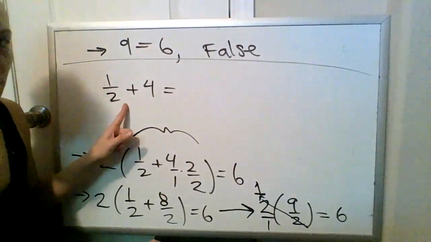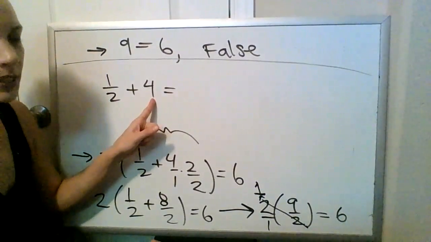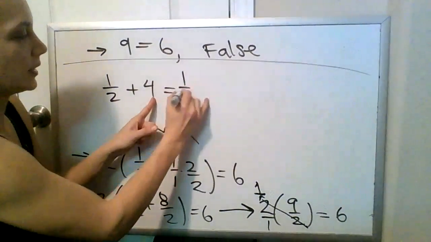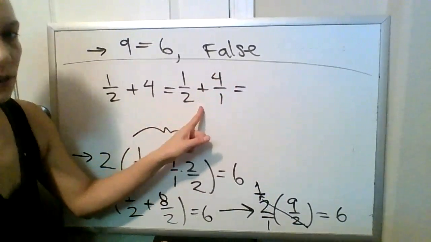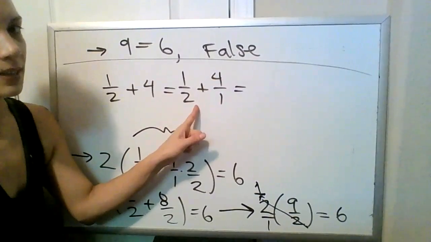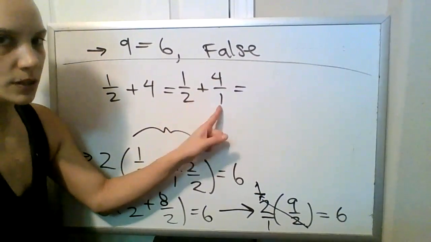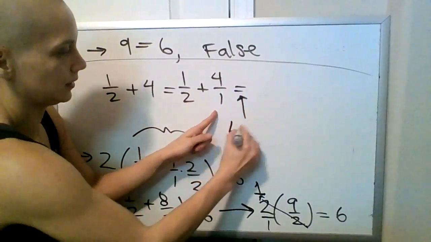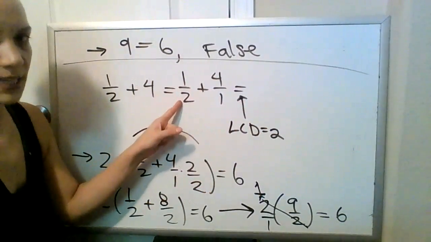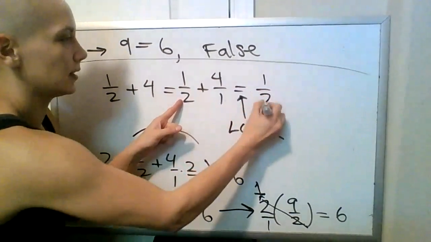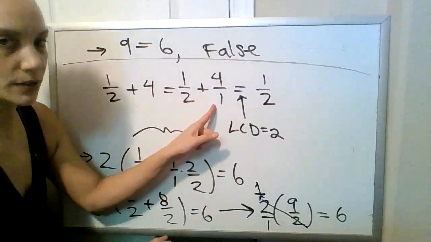Okay, so here I have 1/2 plus 4, and to get started, I write this as 1/2 plus 4 over 1. And now you check your denominators for the LCD, which is going to be 2. So this already has that factor of 2. This one's missing the factor of 2.